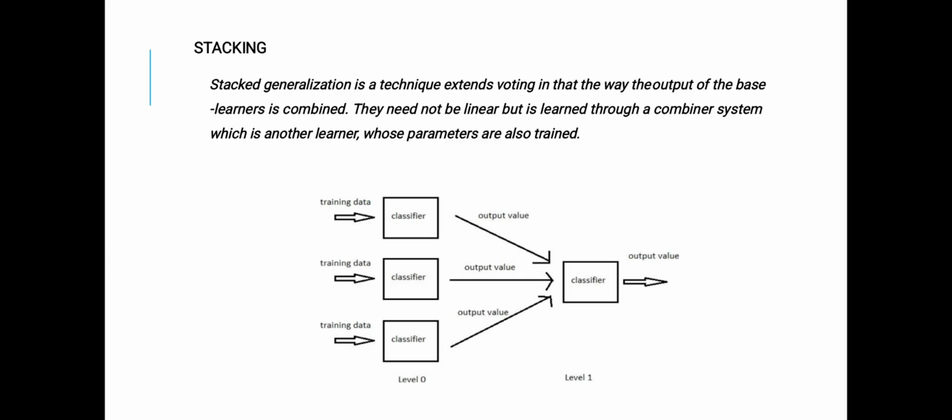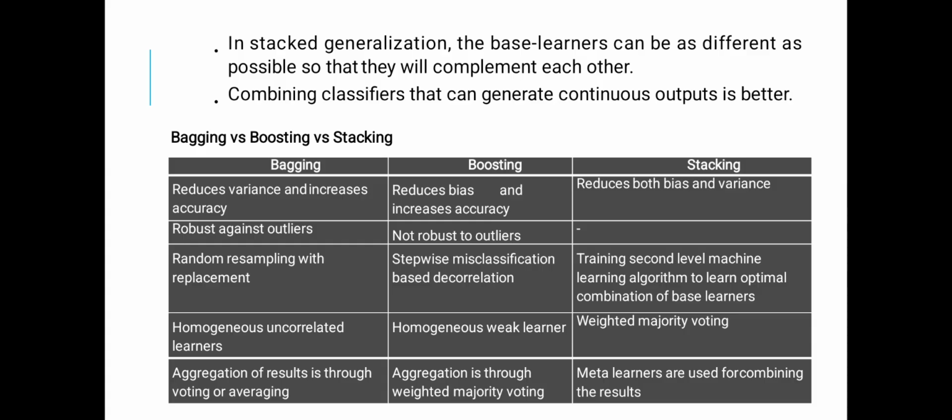Stacking. Stacked generalization is a technique which extends voting in the way that the output of the base learners is combined. They need not be linear, but it is learned through a combiner system, which is another learner whose parameters are also trained. The training data will be given to a classifier, which is used to make some predictions, and based on the output value, a new classifier will be trained and it performs the prediction.